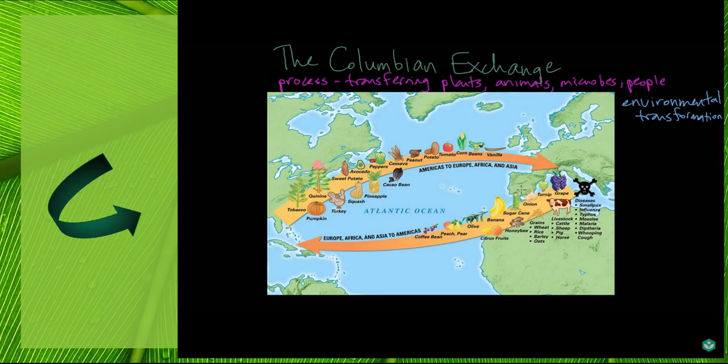And so Columbus brought with him sugar and grapes for wine and coffee. These were all crops that would fetch high prices in Europe. It was so lucrative to grow sugar in the Caribbean that they didn't even want to give up any space to grow food. They imported their food so that they could spend all of their land growing sugar.